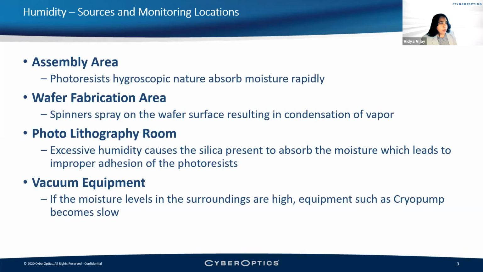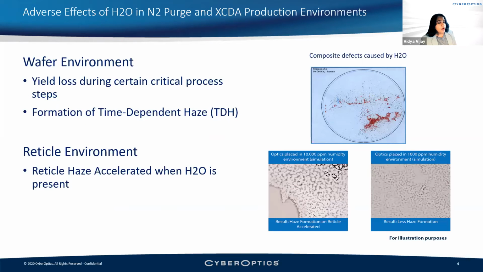So it is important to monitor this, because if we don't know where the humidity is, there are many adverse effects. In many of the fabs, there is a nitrogen purge, which is the standard medium for purging surfaces to clear the atmosphere of other gas or liquid contaminants.